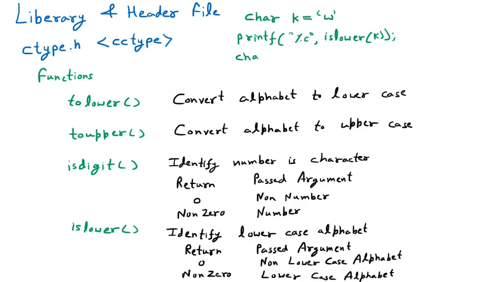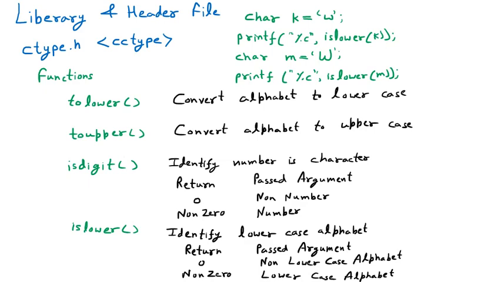Also we are having one more character m, which has the capital W. Again we are saying printf %c islower, then we are passing the variable m.